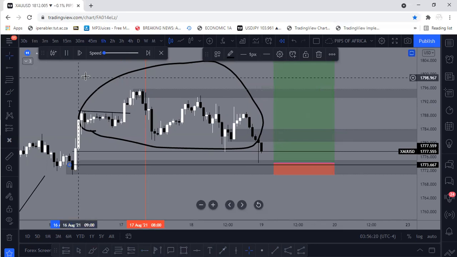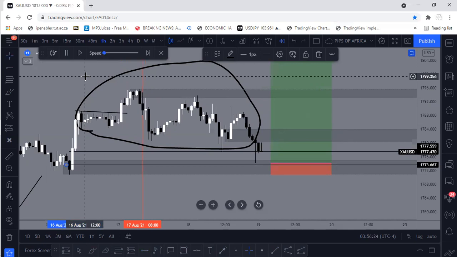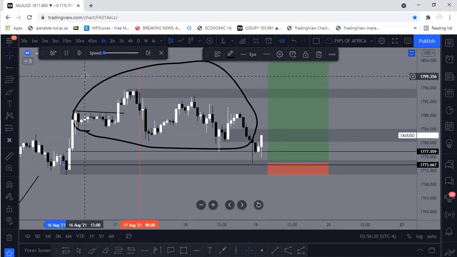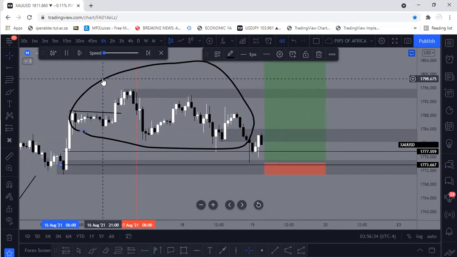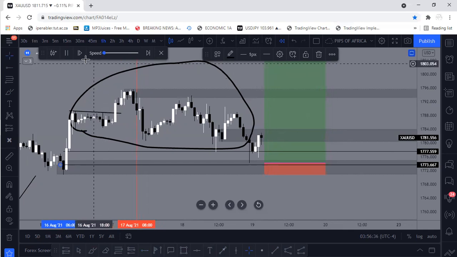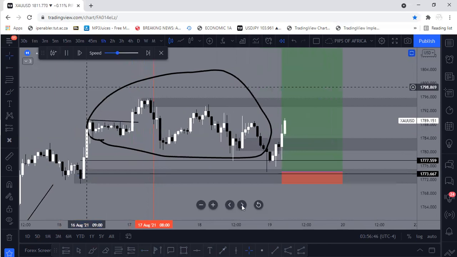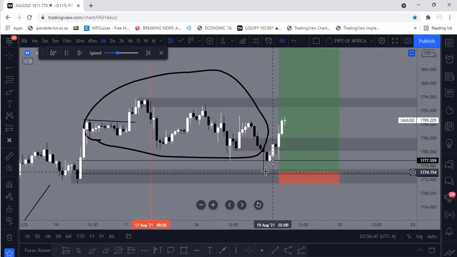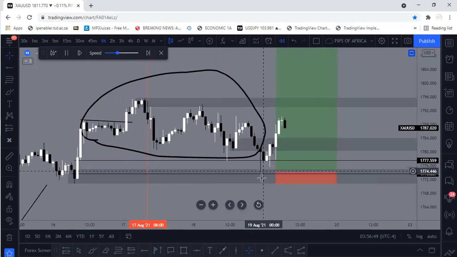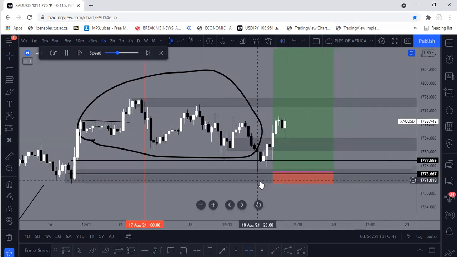Take a look. So the price now is from this zone here, it went inside the order block.